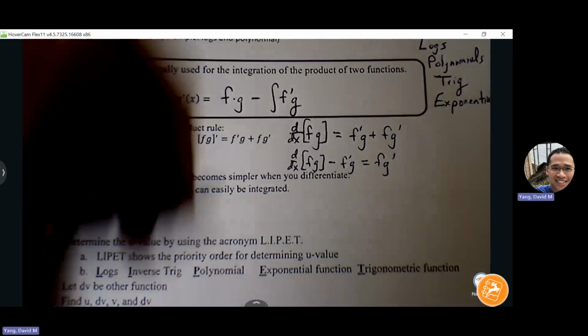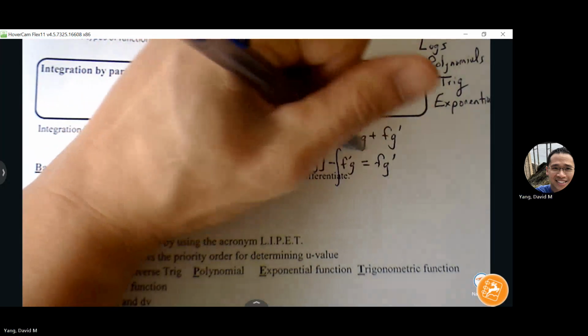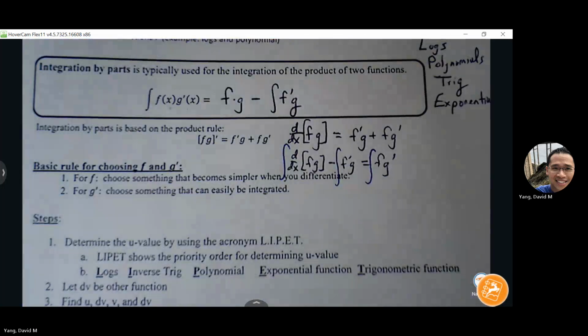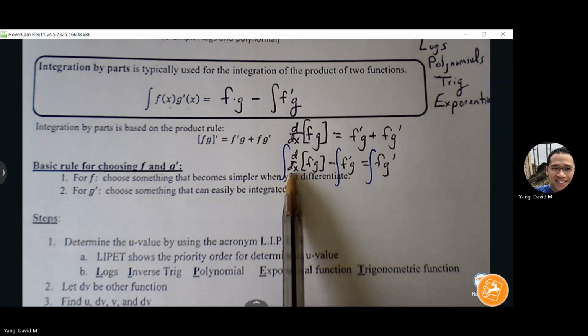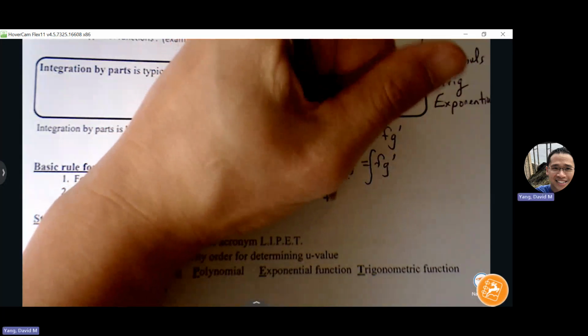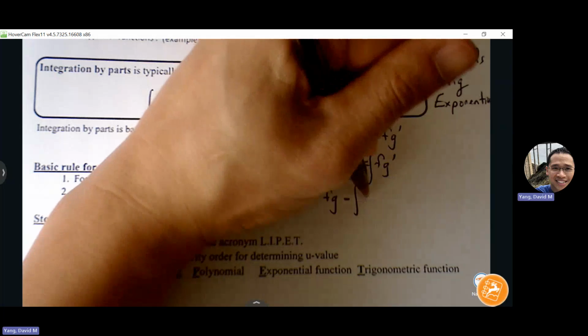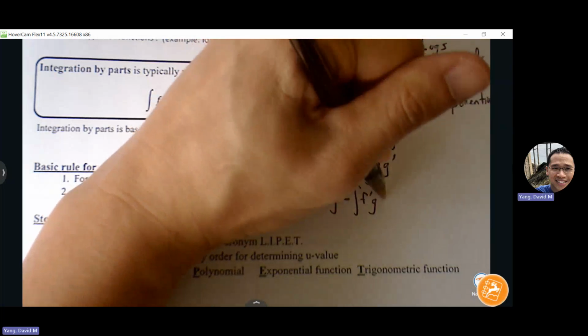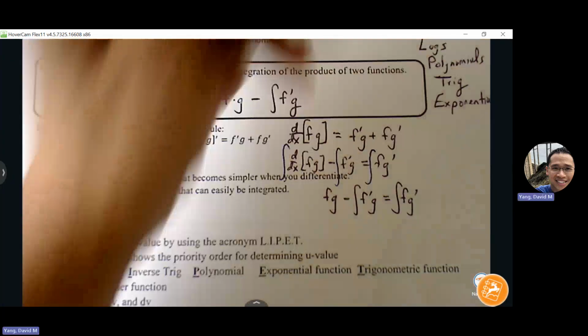Now, if I take all these terms here and put the integral in front of it, what's this going to turn into? Yeah, these two operations will wipe each other out. I'm just left with fg minus integral of f prime g is equal to integral of f g prime.